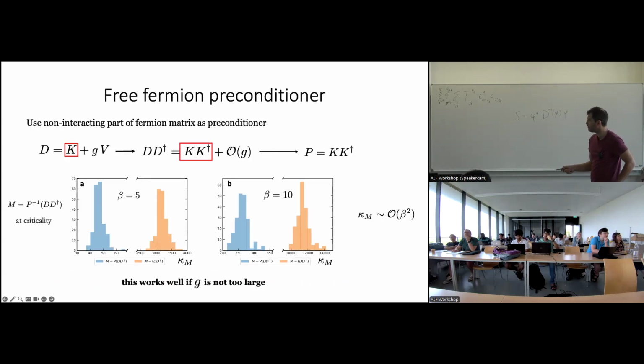And just to give you an idea of how well or not well this works, here we can multiply P inverse times DD dagger to see how close it is to the identity, or at least look at its spectrum and its condition numbers at criticality.